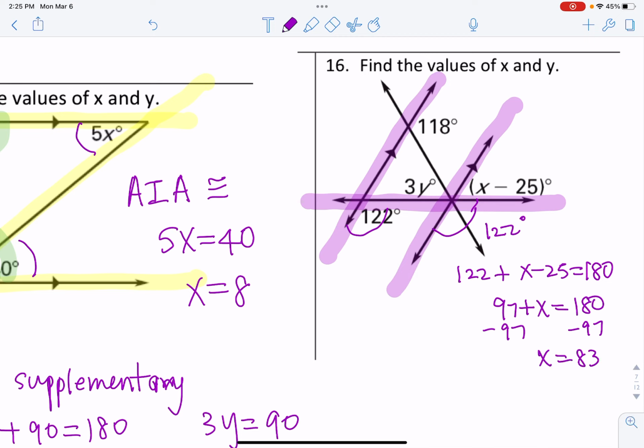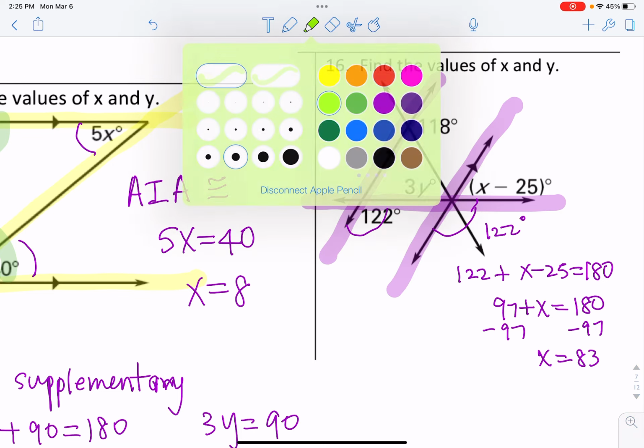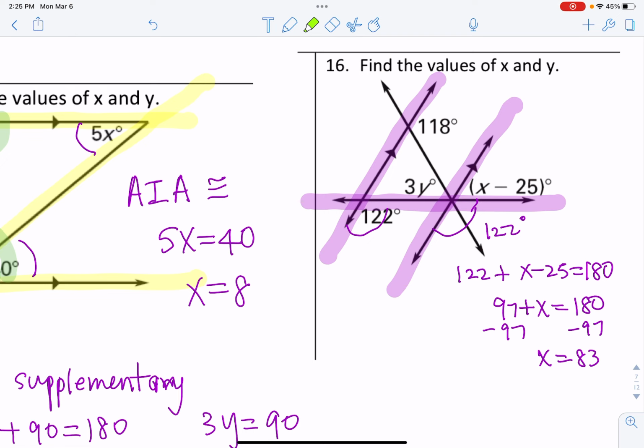So you get x will be 83. And then when you see, I will draw this way. This transversal will give you this angle will be the same as this angle. And if you want to know, this angle will be 118. And what is this angle? This 122 and this angle will be supplementary because of the same side interior angle. So I can conclude this portion of angle will be 180 minus 122.